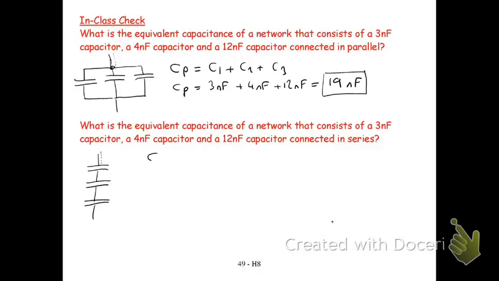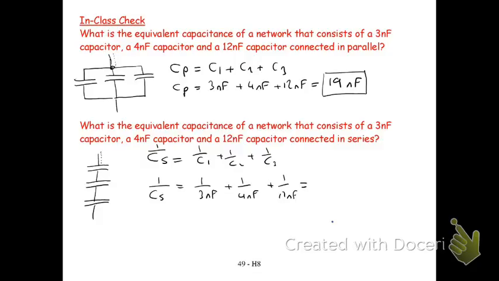So this is in series, so 1 over C series is equal to 1 over C1 plus 1 over C2 plus 1 over C3. And again, notice it's 1 over. So 1 over C series is equal to 1 over 3 nanofarads plus 1 over 4 nanofarads plus 1 over 12 nanofarads. Can't I just add those up, can I?